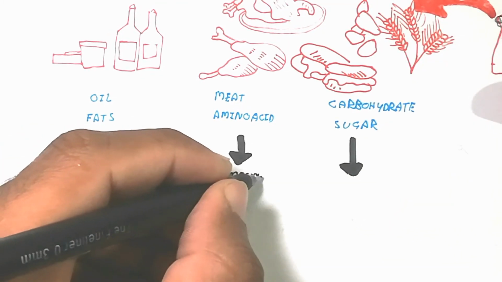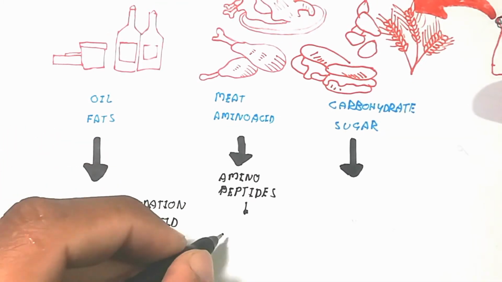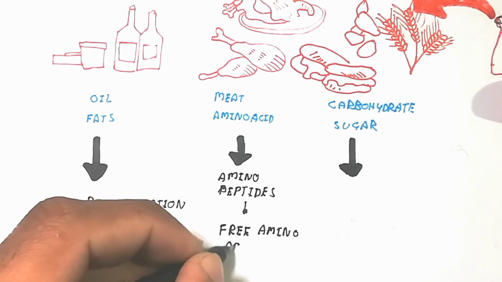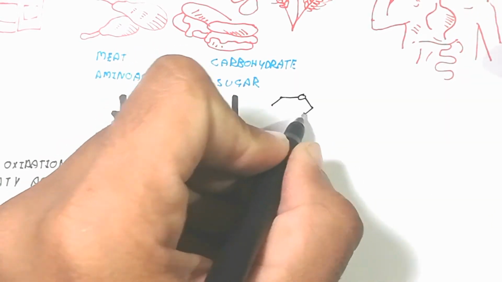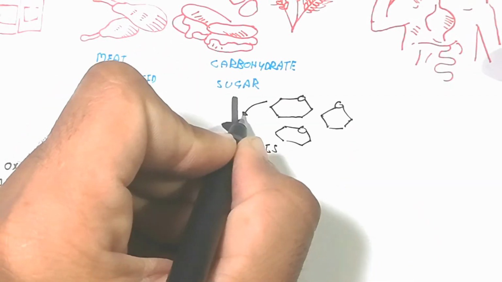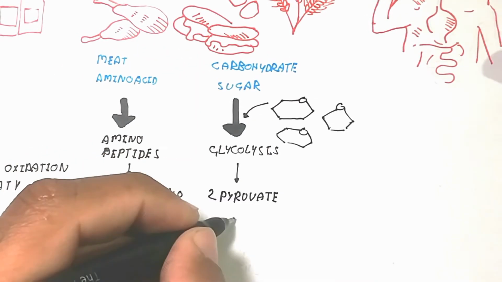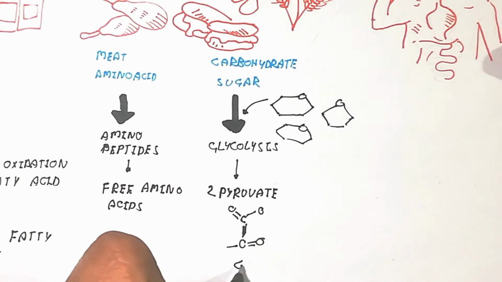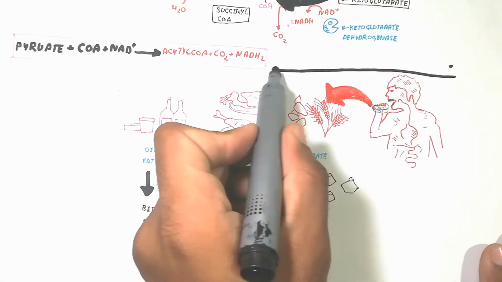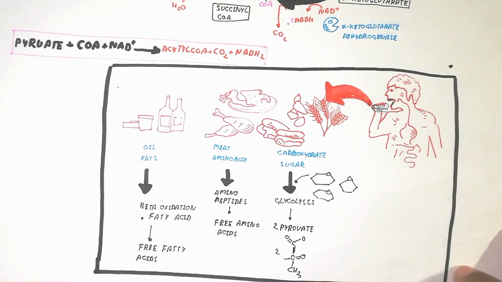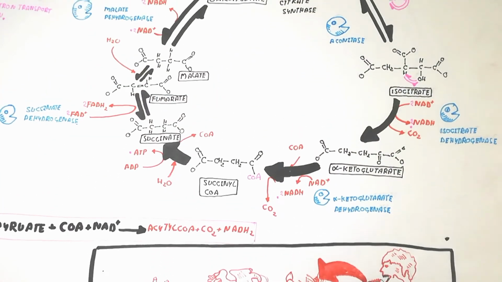Meat provides amino acids, which become free amino acids that, after acetylation, go into the Krebs cycle. Sugar will go into glycolysis first to produce pyruvate. That pyruvate goes into the Krebs cycle. So all of this is due to the Krebs cycle.